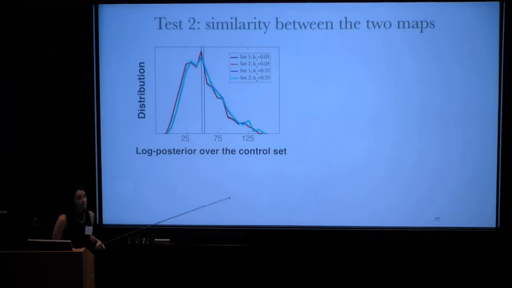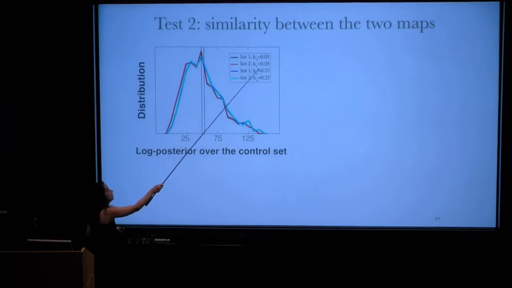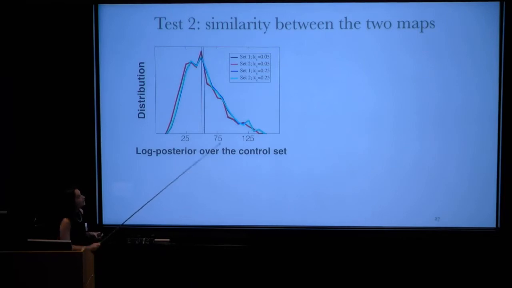So here, what I'm graphing is, for one iteration, the distribution of the log posterior over the control set for a low frequency for set 1, which is the black line, for set 2, which is the red line, and for a higher frequency for set 1 and for set 2.